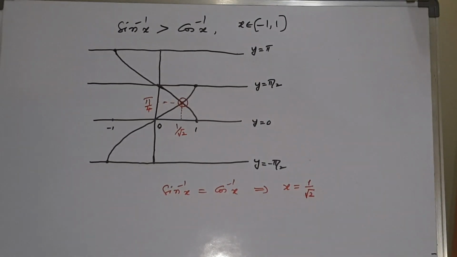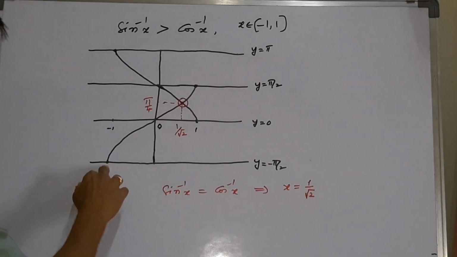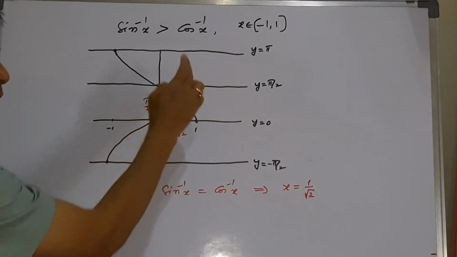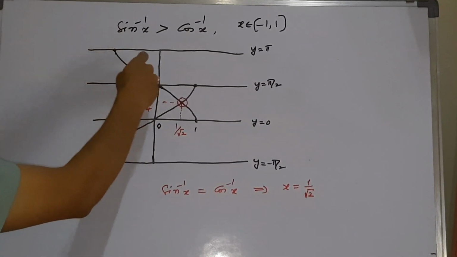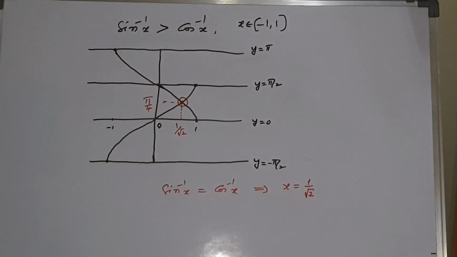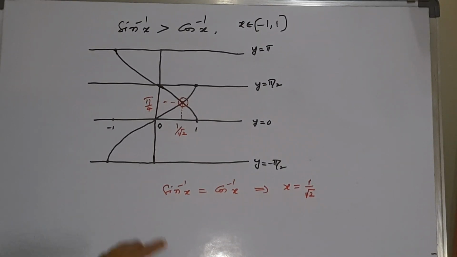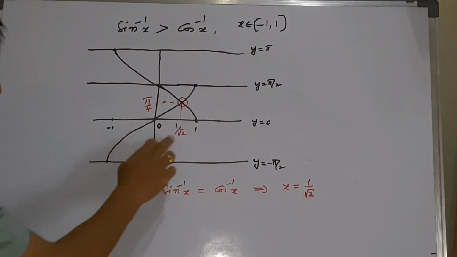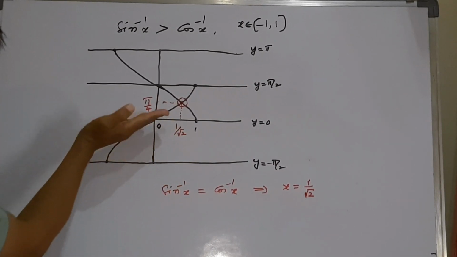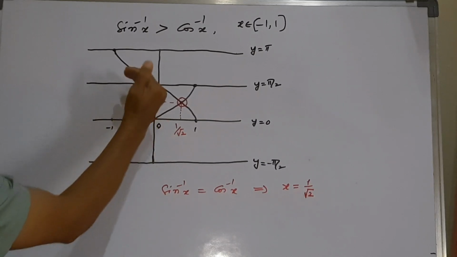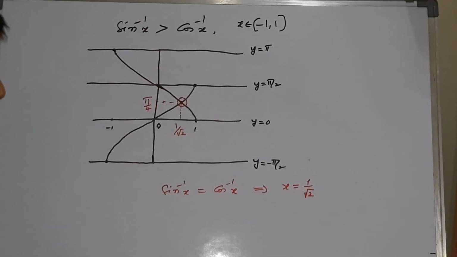Now observe carefully. Here sin inverse x is going from negative to positive. Cos inverse x is always either 0 or positive. Okay. From minus 1 to 1 by root 2, if you observe carefully, this is sin inverse x, that is below, that is cos inverse x, that is above.